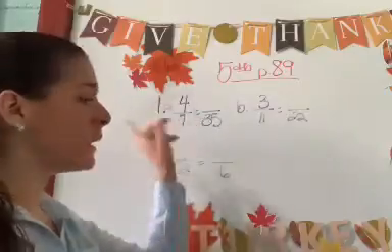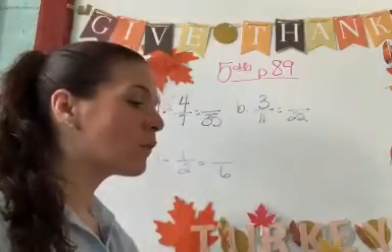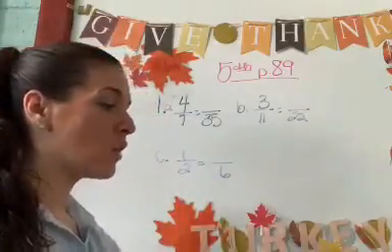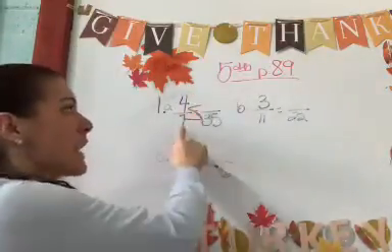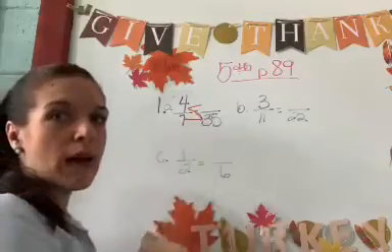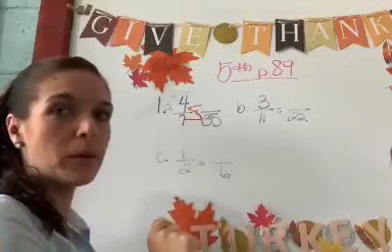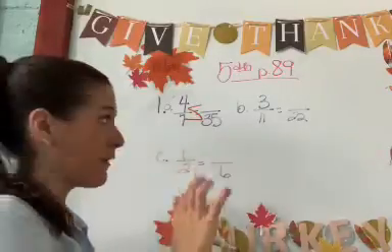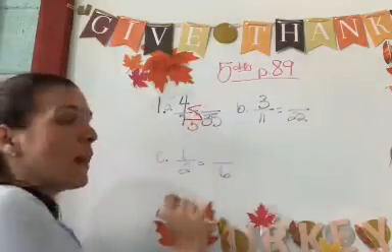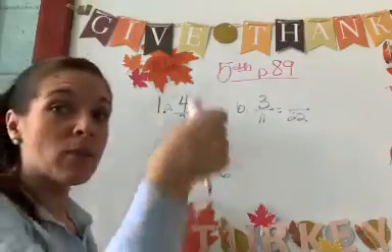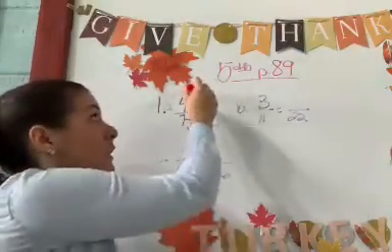Okay, look at number 1. It says make equivalent fractions by filling in the blanks. So remember, this is your backward Z, right? 7 times what equals 35? 5. Okay, so I'm going to put a 5 right here to remind myself that 7 times 5 equals 35. That 5 on the bottom, I have to put on the top because it's called an equivalent fraction.